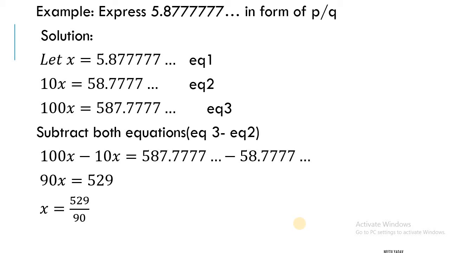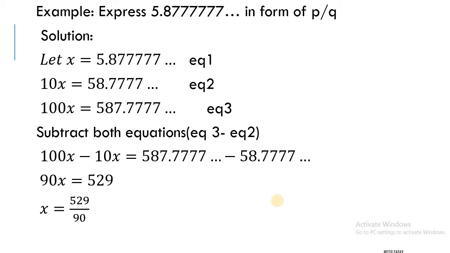We have to follow the same procedure which we did in our previous example. Now let x is equal to 5.8777... up to infinite. Now I am going to multiply the complete equation 1 with 10. So here 10x is equal to 58.777... up to infinite.